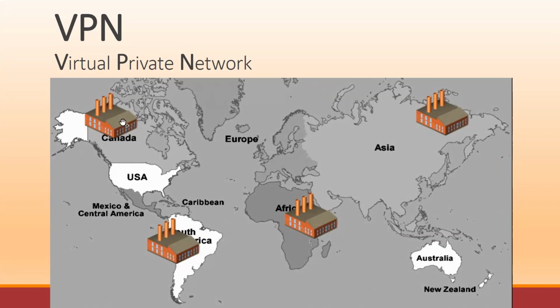If those log in to the same VPN, virtual private network, which will be purchased by the corporation who owns all those buildings, then all those facilities around the world would act, as far as data traffic, almost the same way as a local area network would. That's the beauty of VPN.